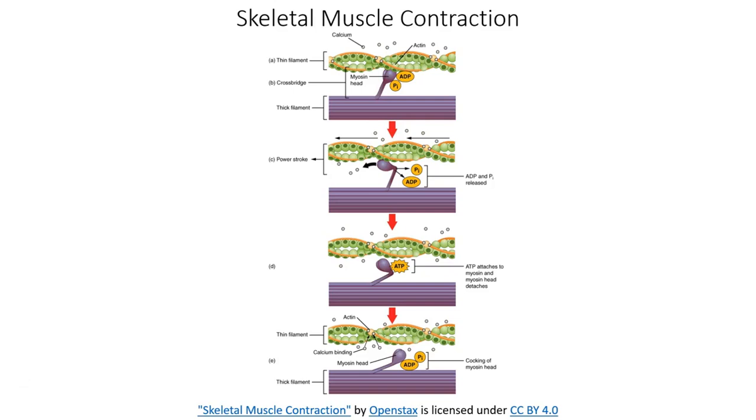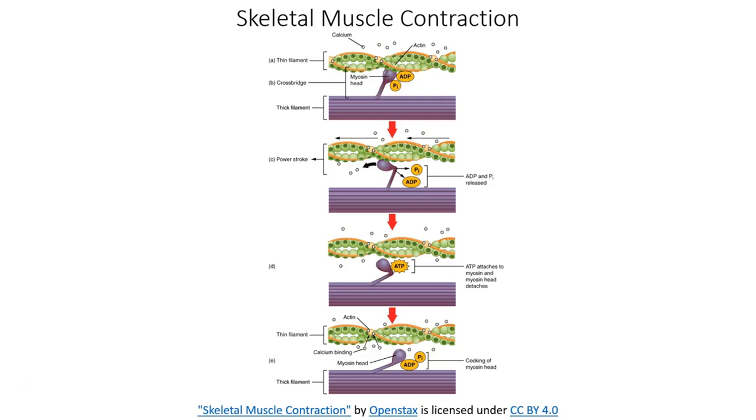And then this is going to move these filaments about 10 nanometers, which is a very, very small distance. It's a thousandth of a meter. Really, really, really tiny distance, which is why we need to keep rowing, essentially.